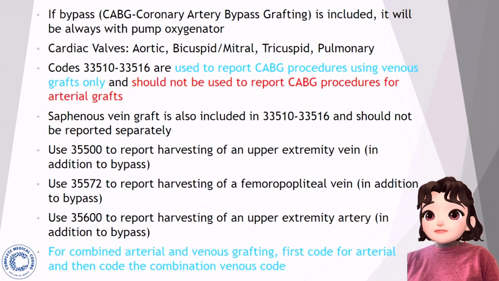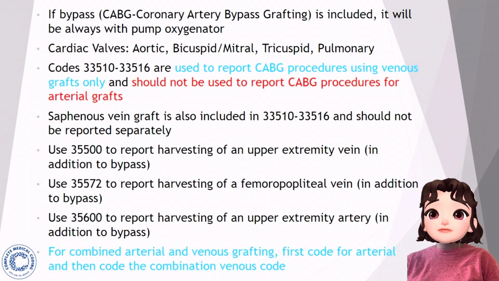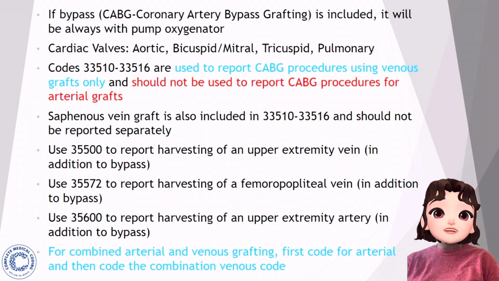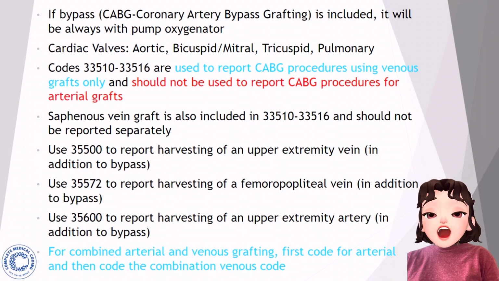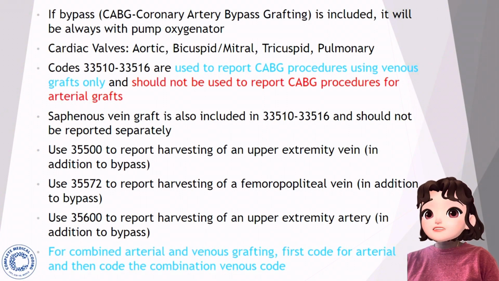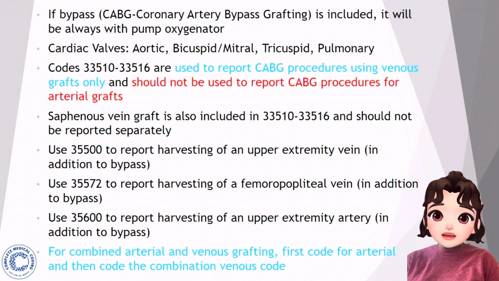Now, another point to remember when we report CABG codes. The code range 33510 to 33516 is used to report CABG procedures using venous grafts only and should not be used to report CABG procedures for arterial grafts.